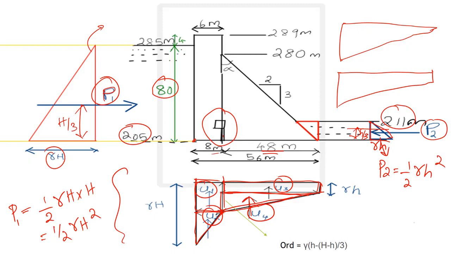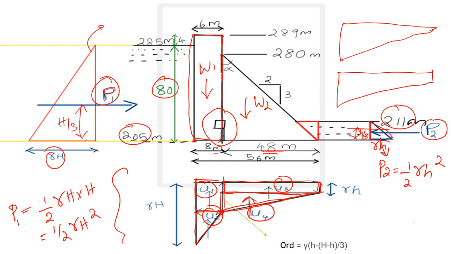Then the other forces: we have to find the self weight of the dam. Take this rectangular portion as W1. We are dividing the cross section of the dam into 2 parts, this rectangle and this triangle, and we will calculate the self weights separately.